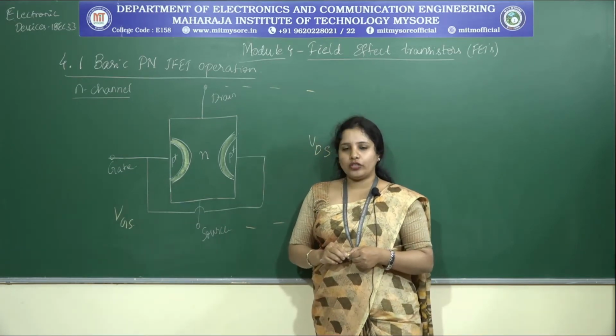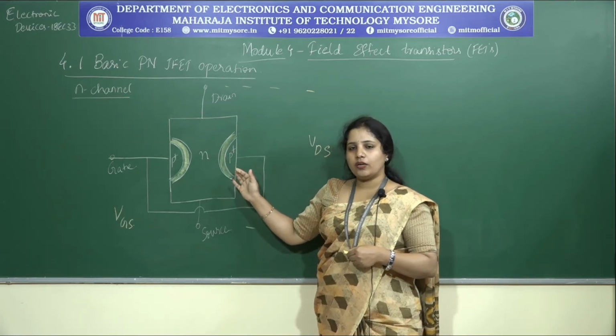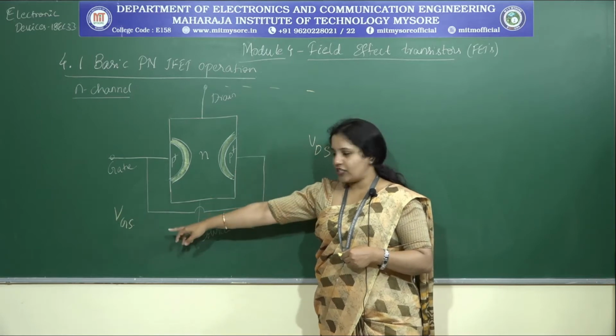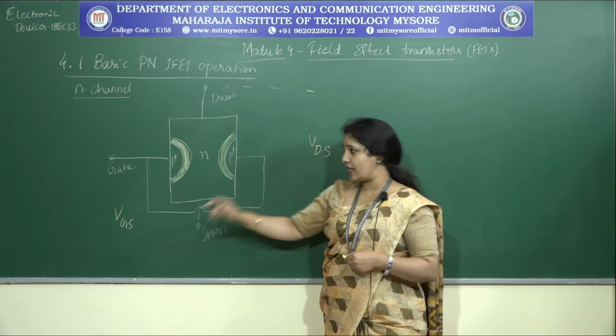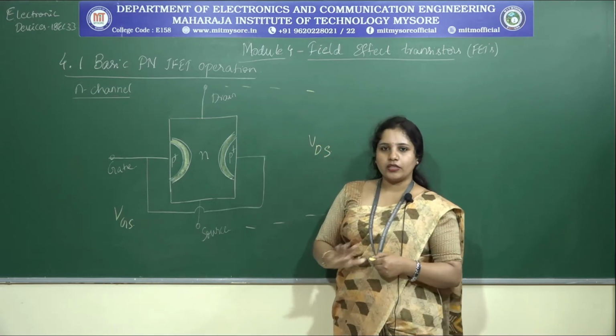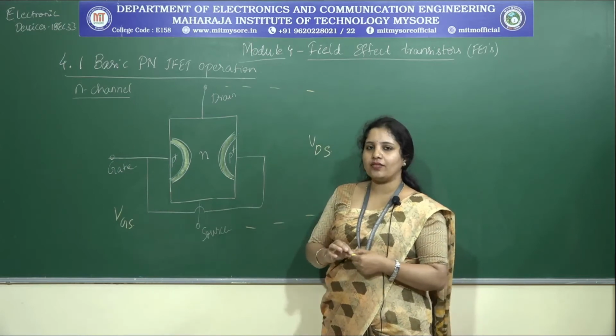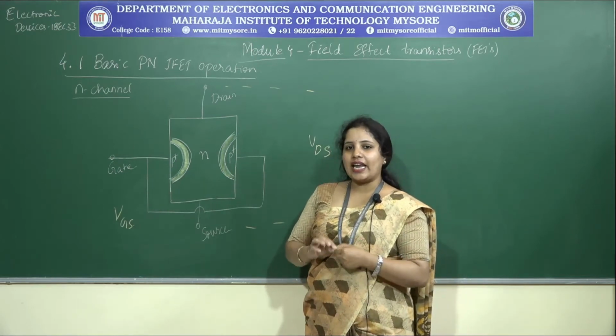So, which are the two voltages that I am using in order to alter the behavior of the PN junction FET? It is VGS, which is between the gate and the source, and the other is VDS, which is between the drain and the source. These are the two voltages. The current that is flowing in the device is referred to as the drain current.